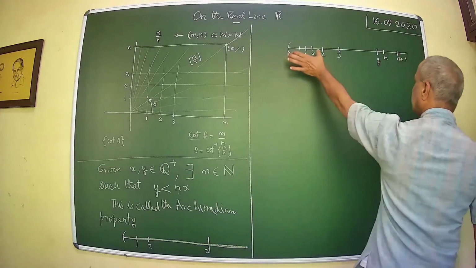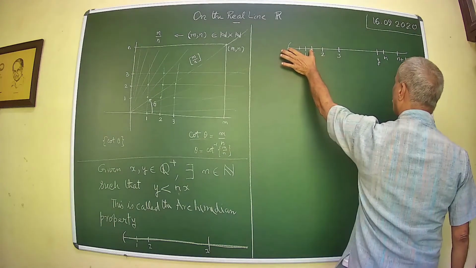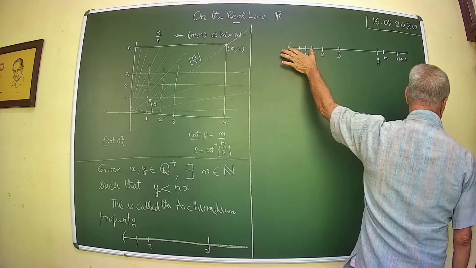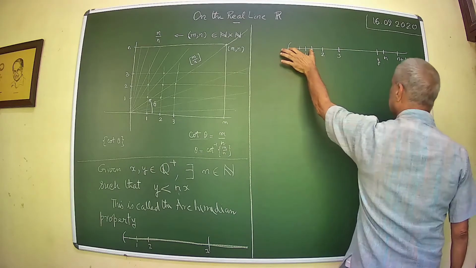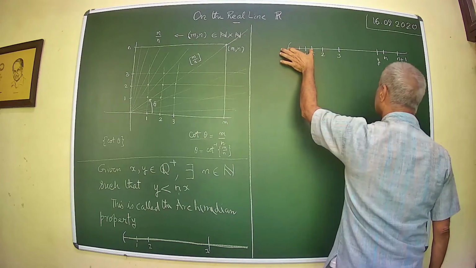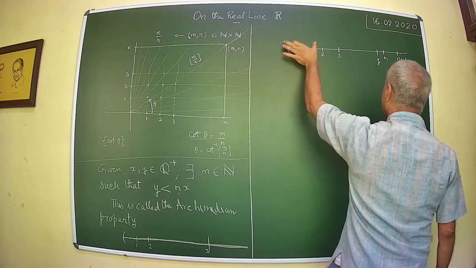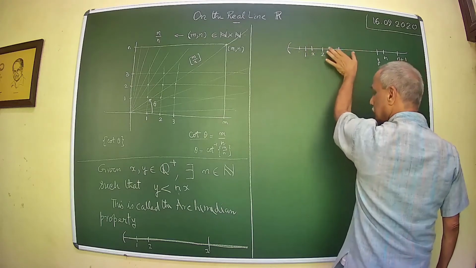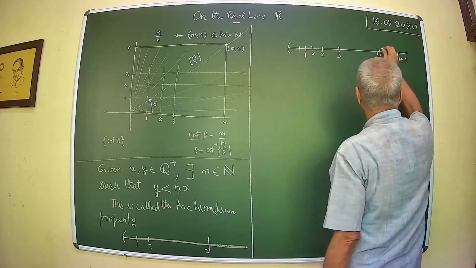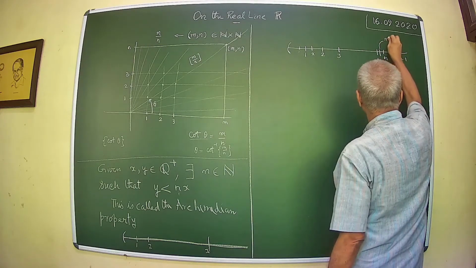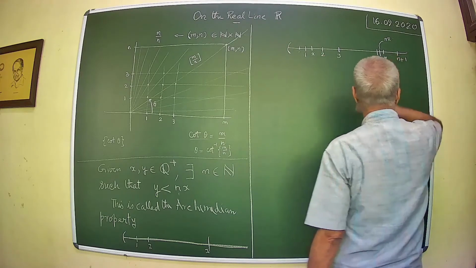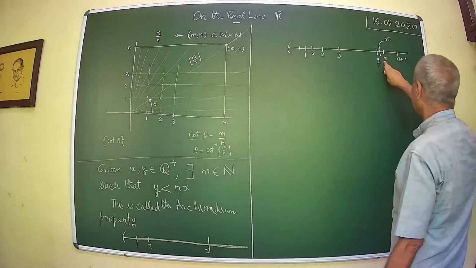Then what it says is that if you walk with the length of a step given by x units, then through n steps you can cover this. So you have an n such that this is equal to n times x. It's not necessarily the same n, it is some other n.